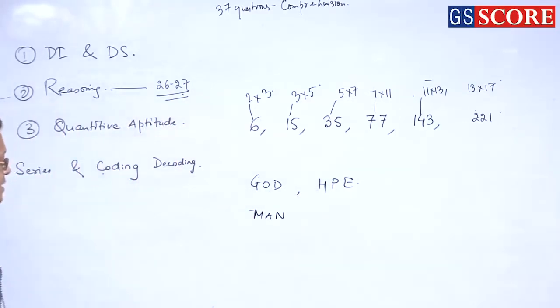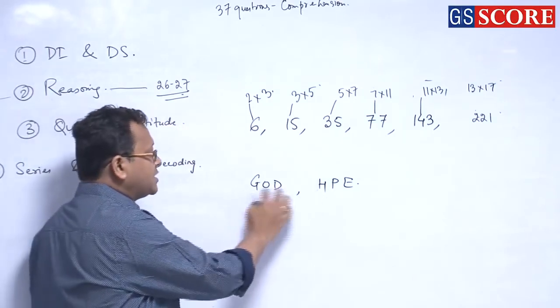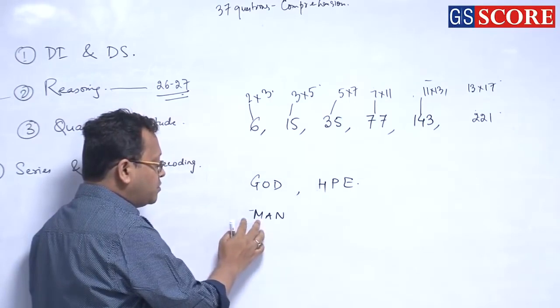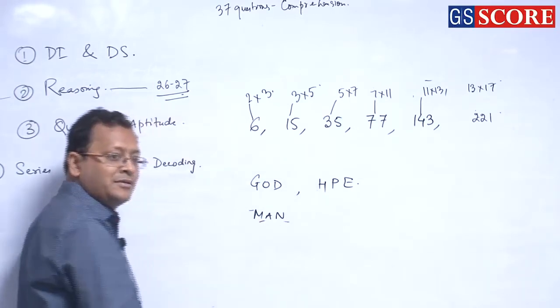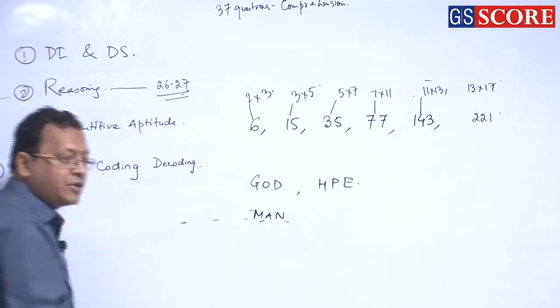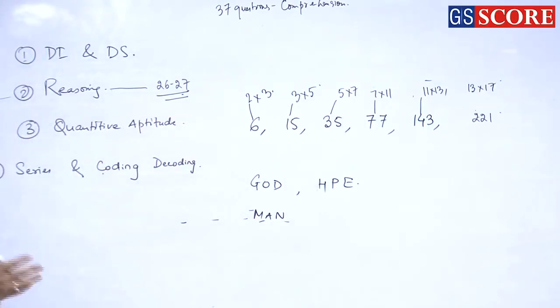It can also be a case that if the code of God is HPE, what is the decoded form of man? Then you have to subtract one place. Are you getting it? So questions can be like this as well. So coding, decoding and series.